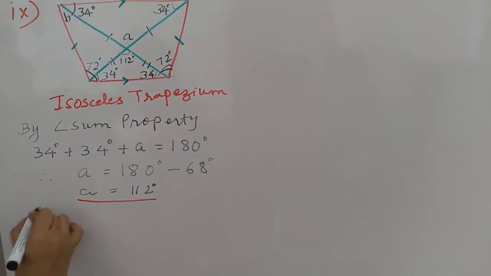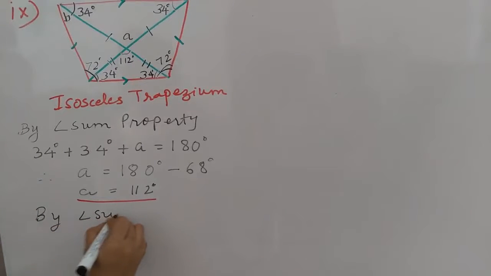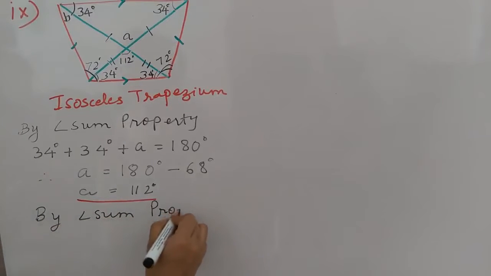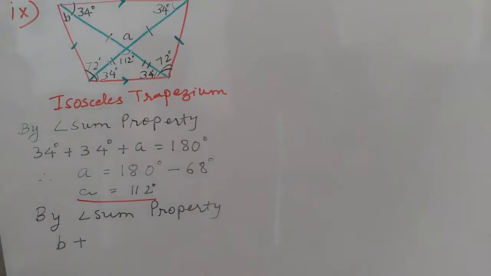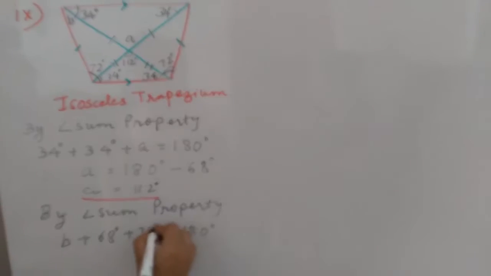So write by angle sum property, I can say B plus this 34 34 will become 68. So I write 68 plus 72 is equal to 180 degree.